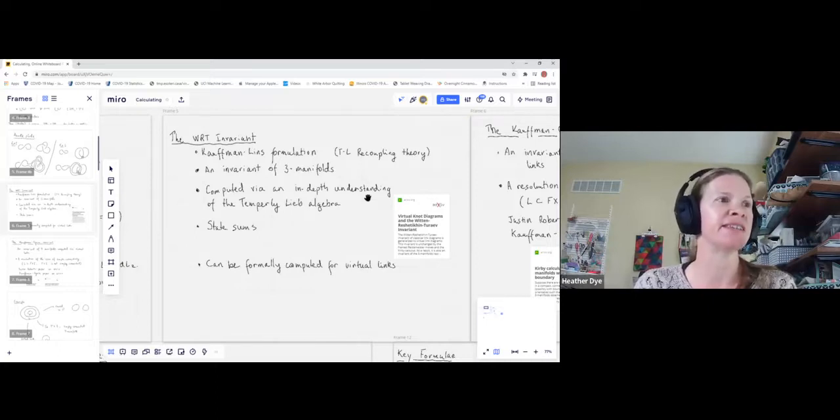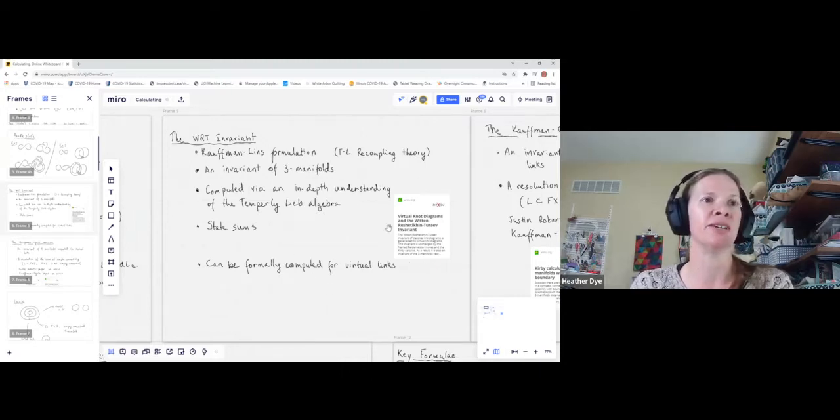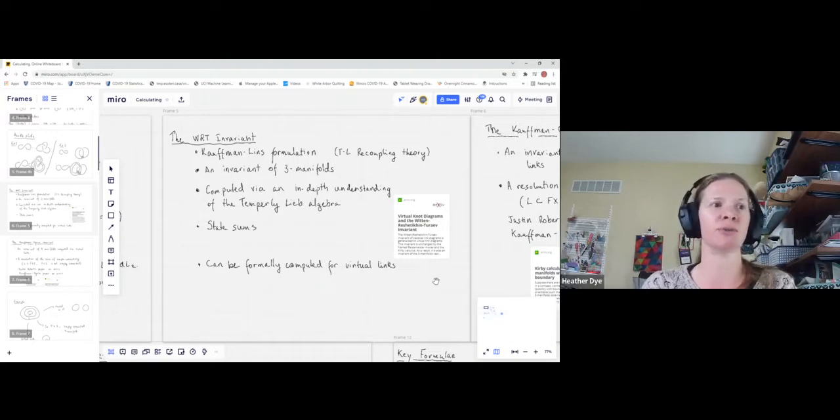colorings of the knots. And in my original thesis work and in the paper I co-authored with Liu, you can see a little link to it on arXiv here, we were able to formally compute this for virtual links. So we know that it also acted as an invariant of virtual links.